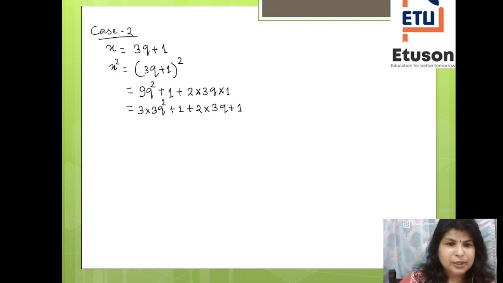Can you see something common over here? You can take 3 common from these two terms. Correct or not?